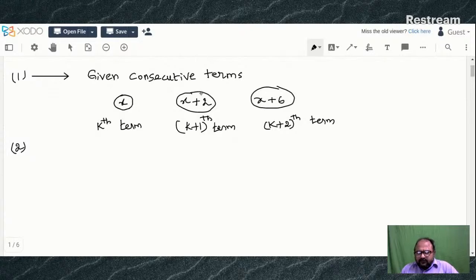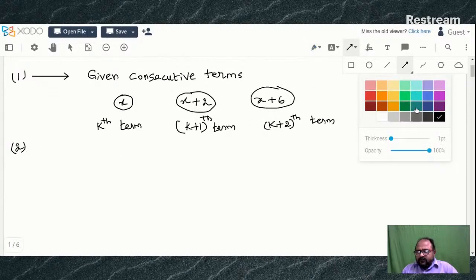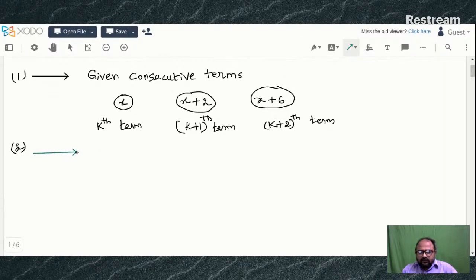If consecutive terms are given to you, then how do you find the common ratio? Let us note down the formula for a common ratio. This is step 2 I am explaining.